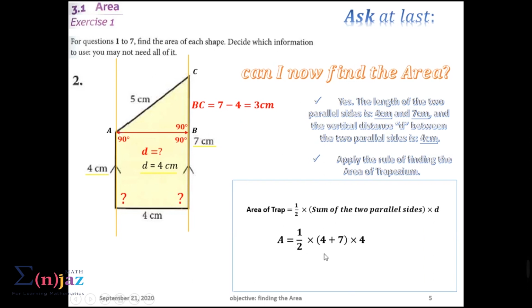Now this is ready to be inserted in the calculator, and if you do so, you will end up with area equal to 22 centimeters squared. Remember, the measurement unit of finding the area of any two-dimensional object or shape is centimeter squared, meter squared, millimeter squared, and so on.